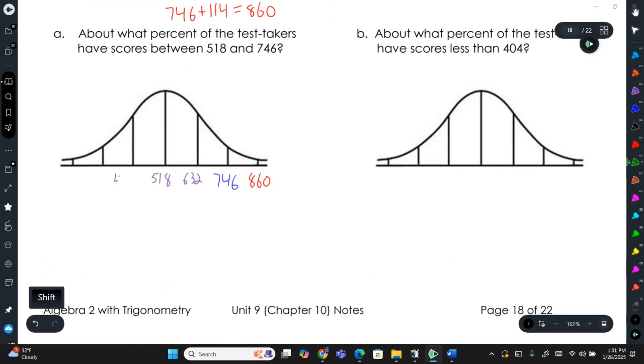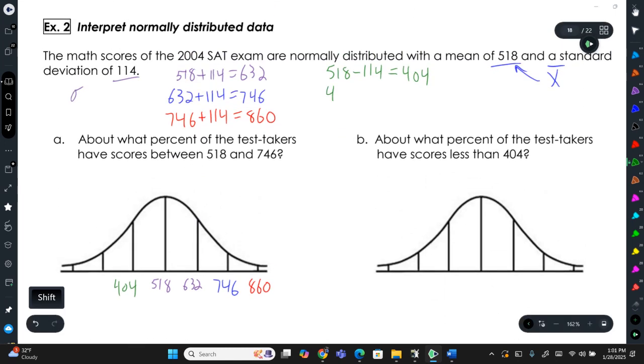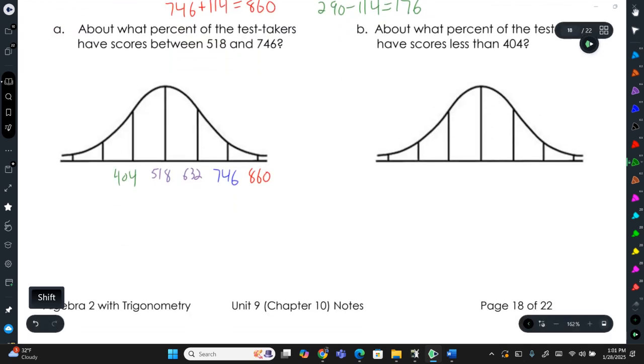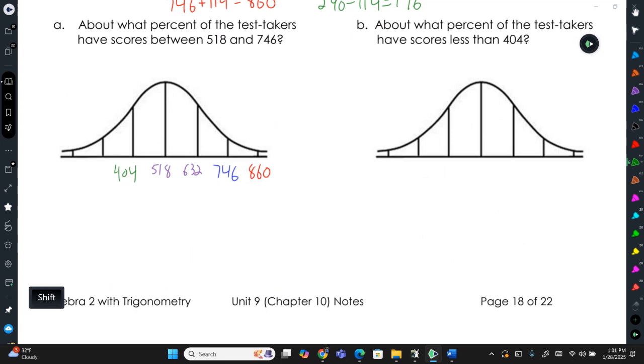So 404 goes here. Then I'm going to subtract another standard deviation, get 290. And if I take 290 and subtract another standard deviation, that gives you 176. So this is 176, and this is 290.